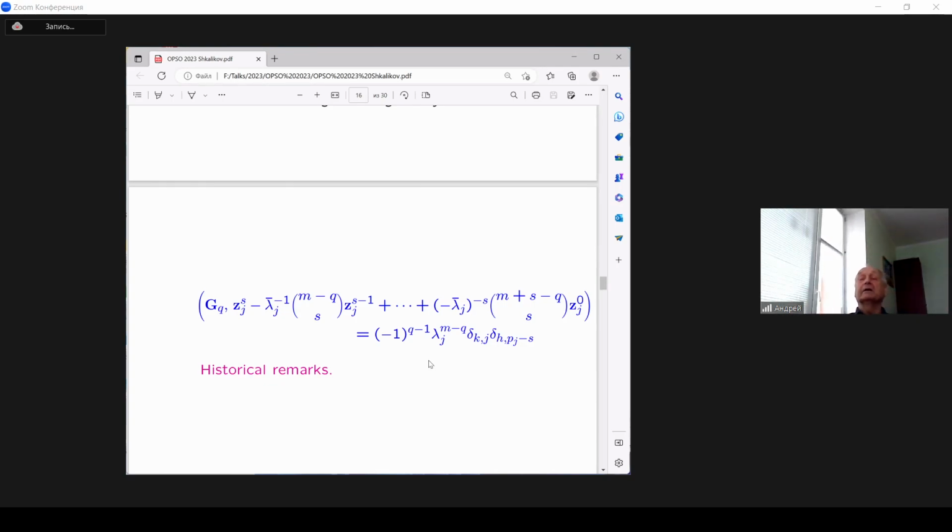Certainly many mathematicians were occupied with pencils of order 1 because the theorem was absolutely new for linear equations, for equations which include only A0 and A1.